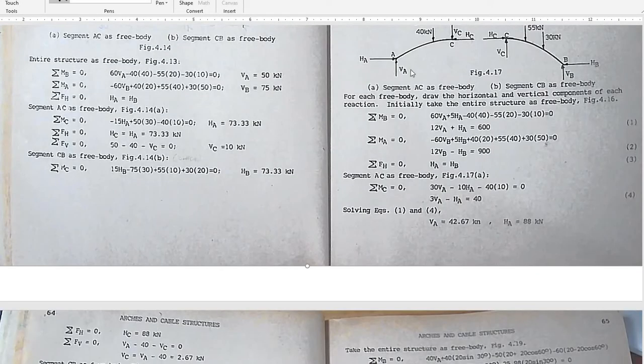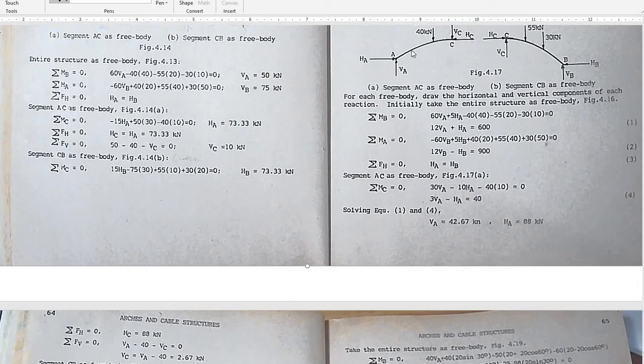And then still at segment AC, summation forces horizontal is equal to 0. Ang horizontal forces dito, you have H sub A and then H sub C. But since we have solved H sub A, so you can now solve for H sub C. Equal lang sila but opposite in direction. Ayan, no? And then still at segment AC, summation forces vertical is equal to 0.